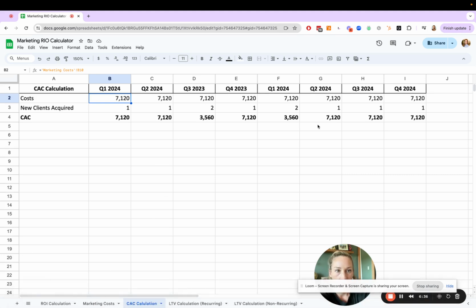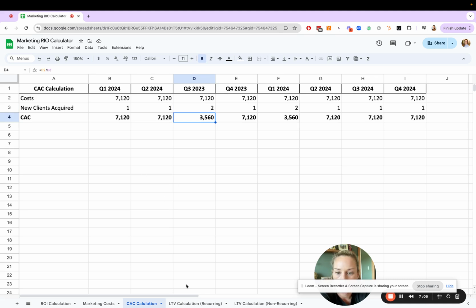It's going to change. But in this case, let's assume it's $7,000 every month, and then we're going to go back and put how many clients we acquired each month. So in a month where we acquired 2 clients, it cost us $7,000. We got 2, so the customer acquisition cost per client is $3,500.